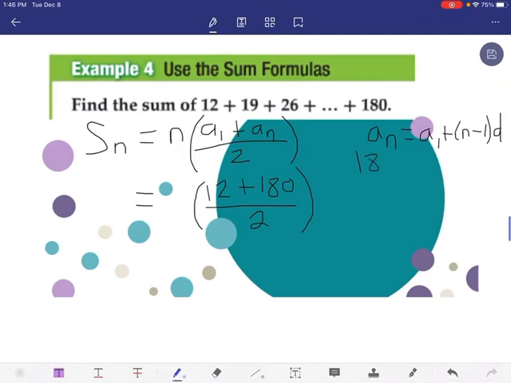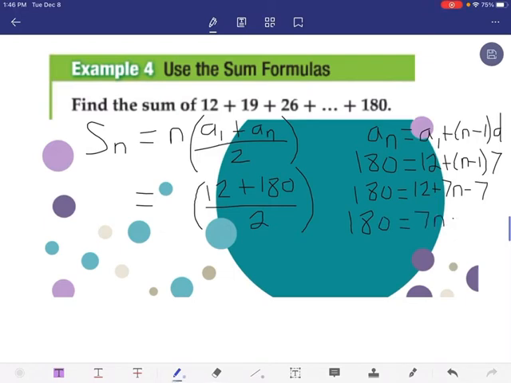So notice that we know what a sub n is this time. We know it's 180. We know that our first term is 12, but we need to figure out what n is. Also, notice that if I were to subtract 19 minus 12, we get that our d is 7. So then we just need to solve. So I'm going to distribute that 7.